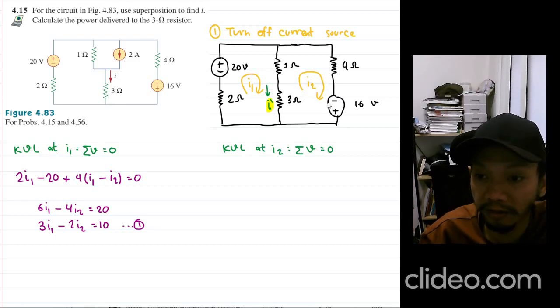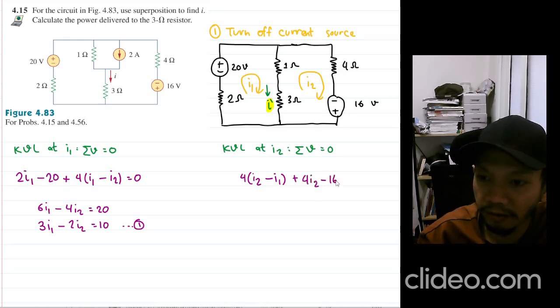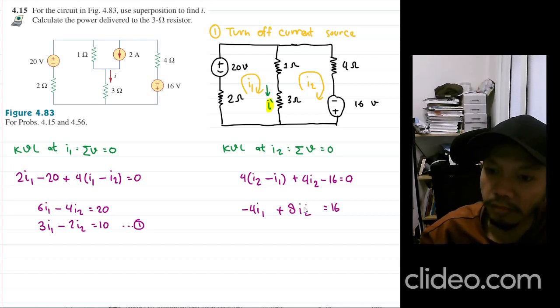KVL at loop I2. We will have 4 times (I2 minus I1), plus 4I2, and then minus 16, all of that equal to 0. So we'll have minus 4I1 plus 8I2 equal to 16.